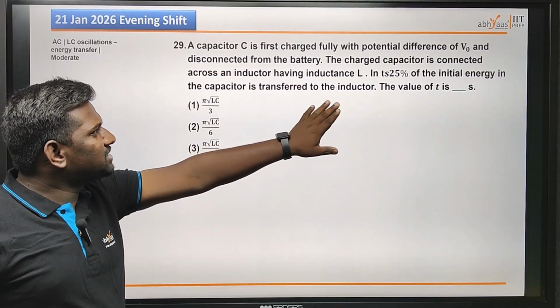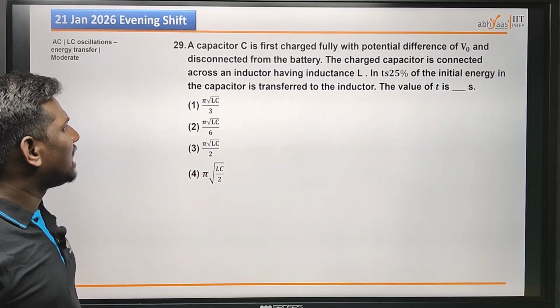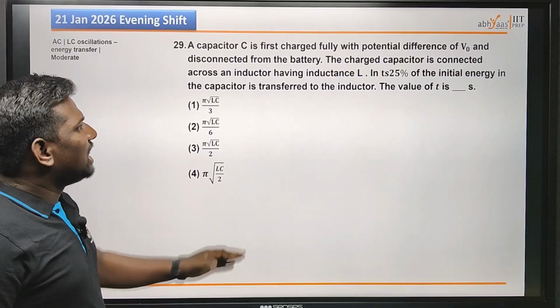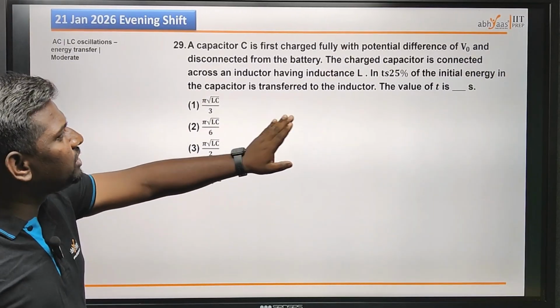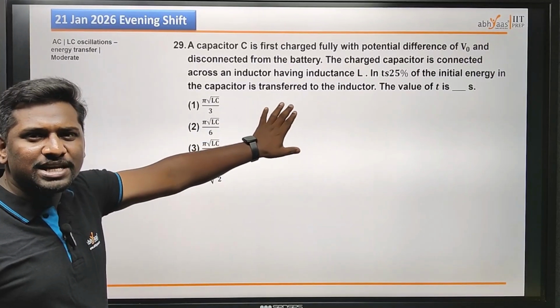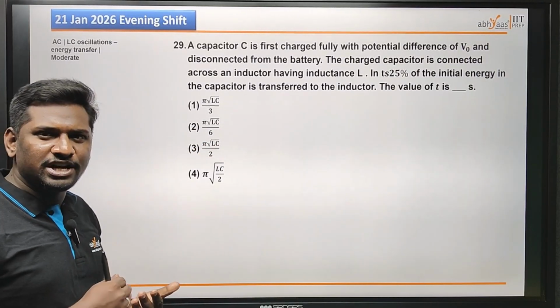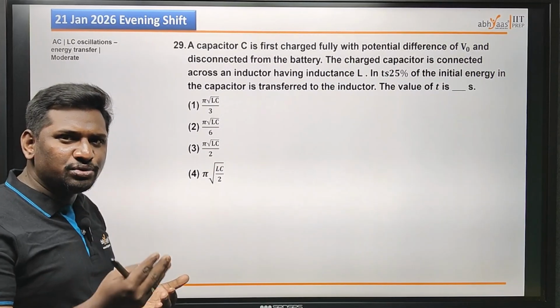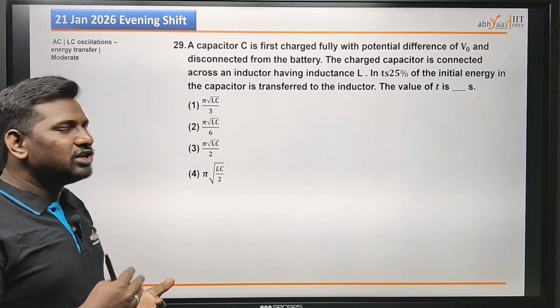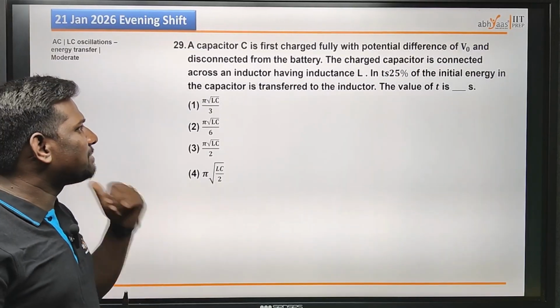The charged capacitor is connected across the inductor. This is the LC circuit having inductance L. In t seconds, 25% of the initial energy in the capacitor is transferred to the inductor. So that means it is having 75% of the energy in the capacitor.